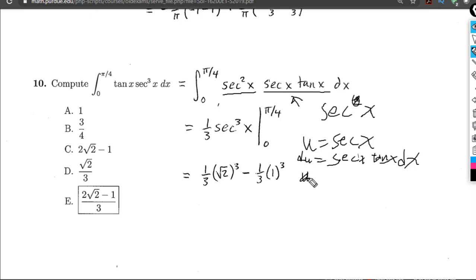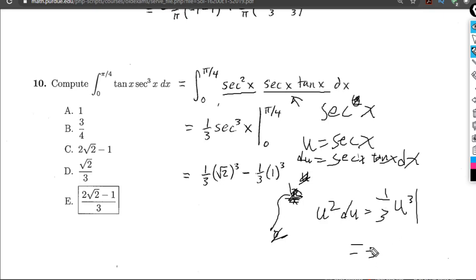Then the original integral becomes the integral from 0 to pi over 4 of u squared du. You can integrate this, and it will be 1/3 u cubed with the bounds. I'm not calculating right now, but when we sub u back in, then it would be 1/3 secant cubed x. Then you can have the original bounds.